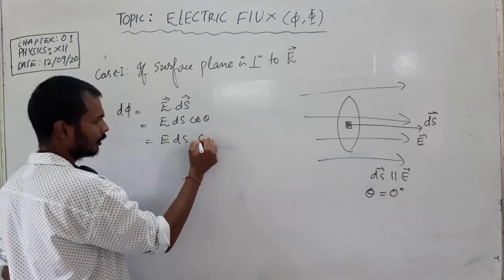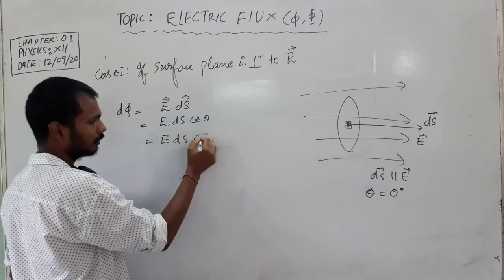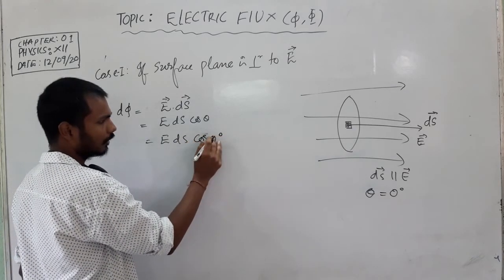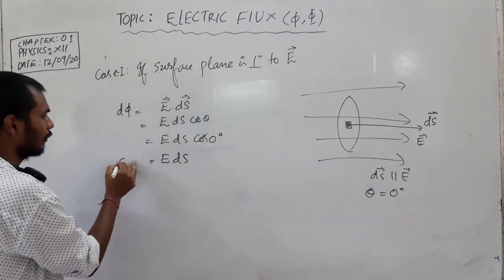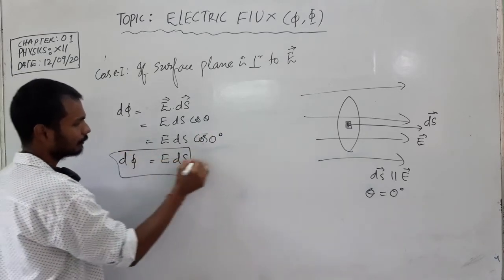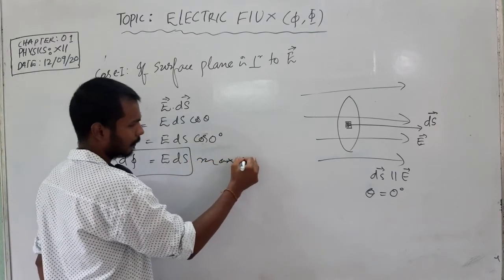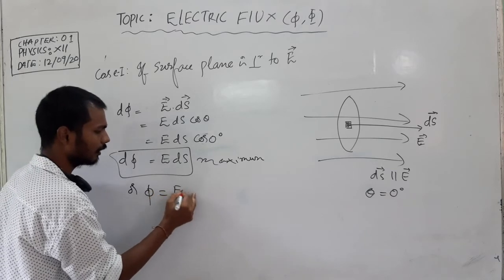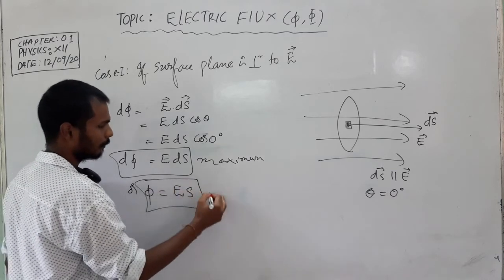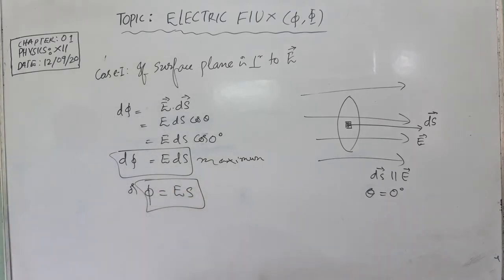Cos 0 degrees is equal to 1. So the flux is maximum, or phi is equal to E s maximum. Okay, got it?